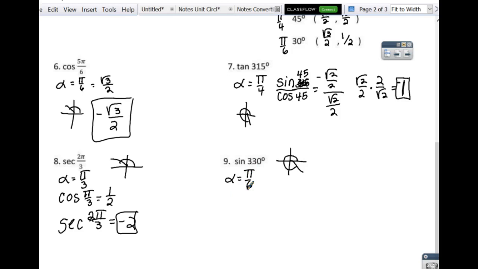So the sine of pi over 6, what's the sine of pi over 6? So I want the y value at pi over 6. It's 1/2. And then you have to look in the fourth quadrant. What's negative? X or y? Y. So the sine of 330 is a negative 1/2.